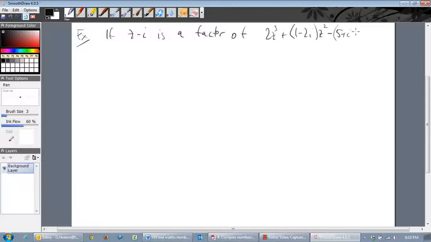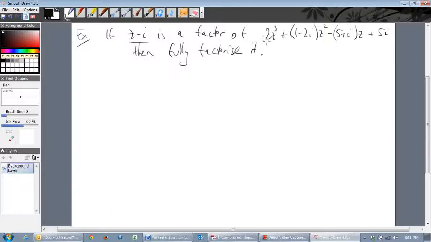If you get one little number wrong, it really screws everything up, and you do heaps of work for no reward. 5I z. Good. If z minus I is a factor of that, then fully factorise it. Okay, a bit messy in the language, but there you go. We want to just factorise this, and we're told that z minus I is a factor of that.